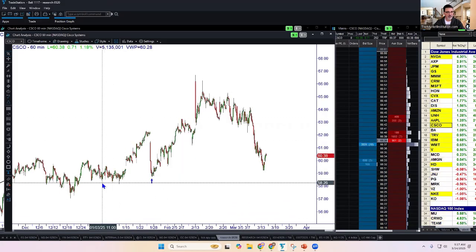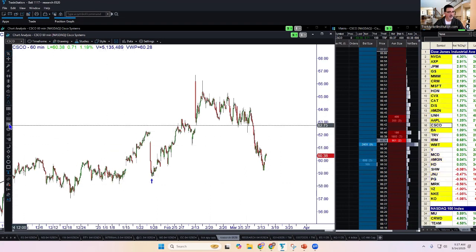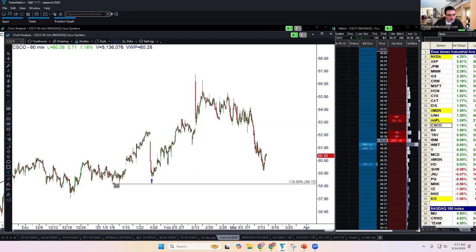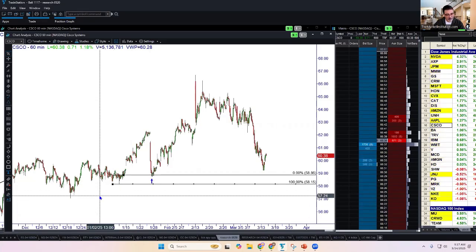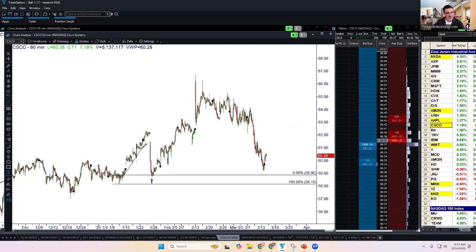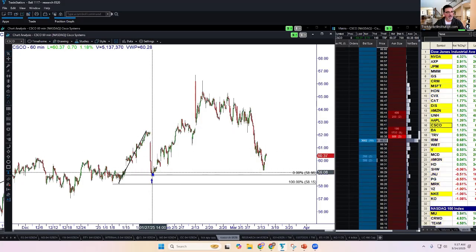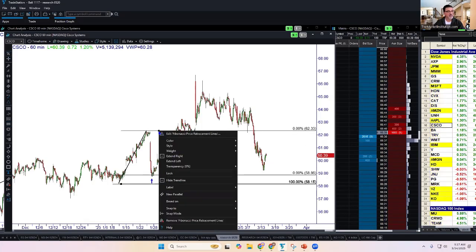Then look over to the left and isolate your leg base group of candles. Now I want to see from the prior swing, using the distal line to the rally, how far price pulled back.